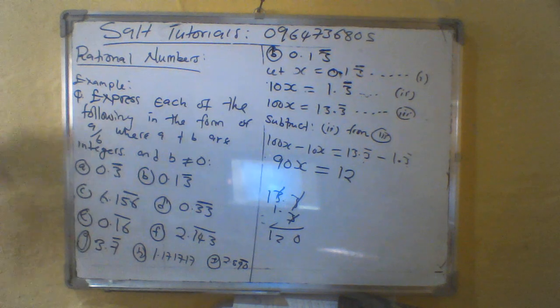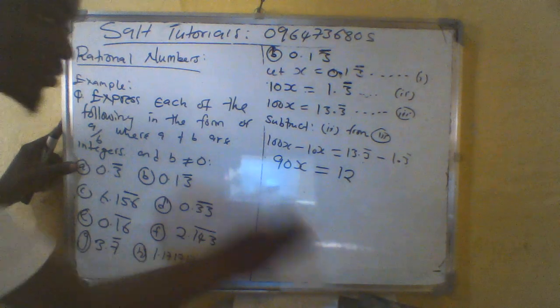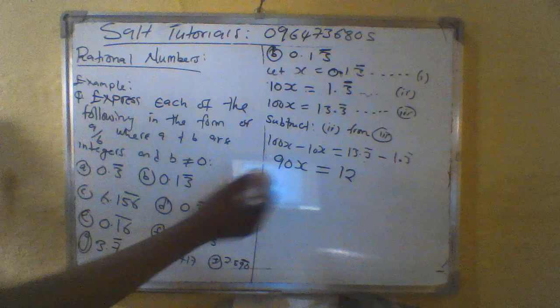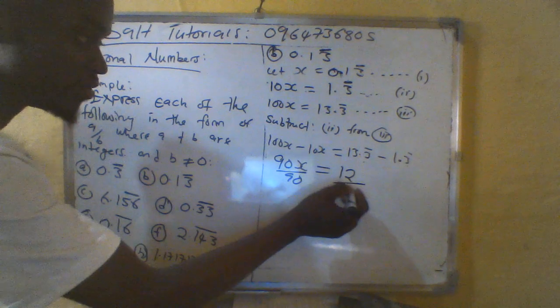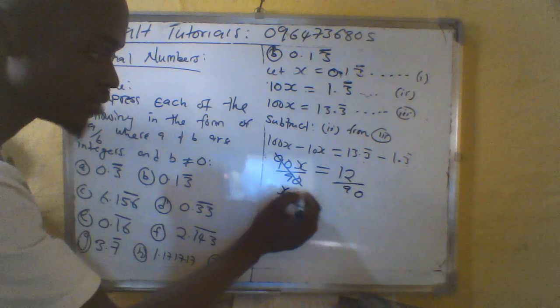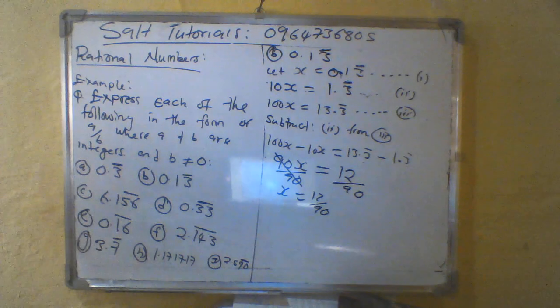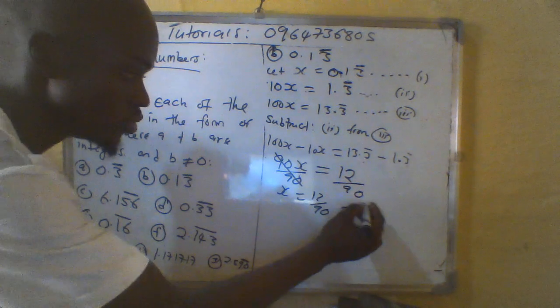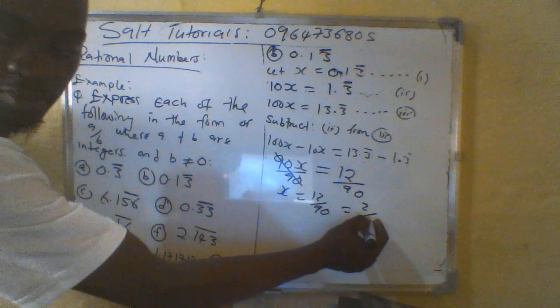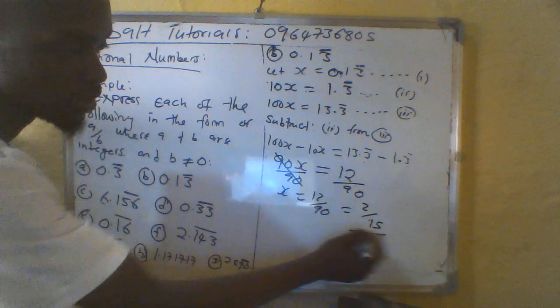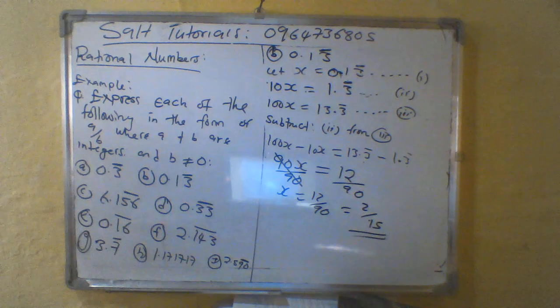We're okay? Yeah. So this is what I'm having. Then, dividing by 90 on both sides, the value of x becomes 12 over 90. Then reduce to lowest terms. Reduced to lowest terms, 6 in there is 2, 6 in there, that's 15, in lowest terms.